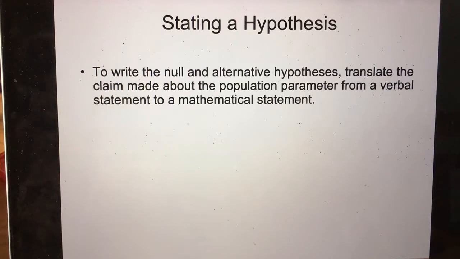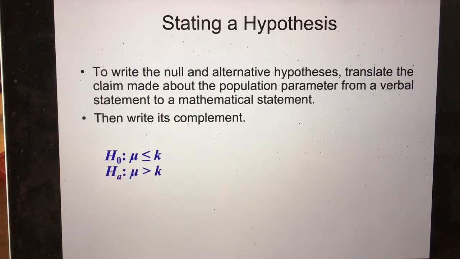Okay, so stating a hypothesis, to write the null and alternative hypotheses, translate the claim made about the population parameter from a verbal statement to a mathematical statement. Then write its complement.